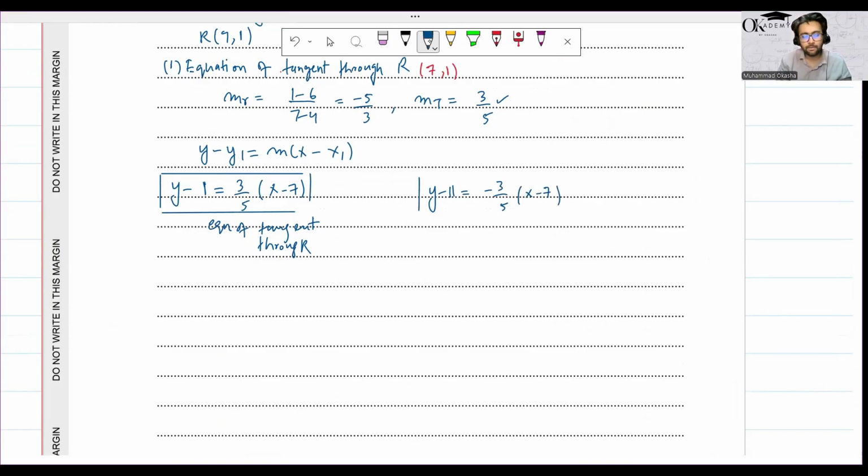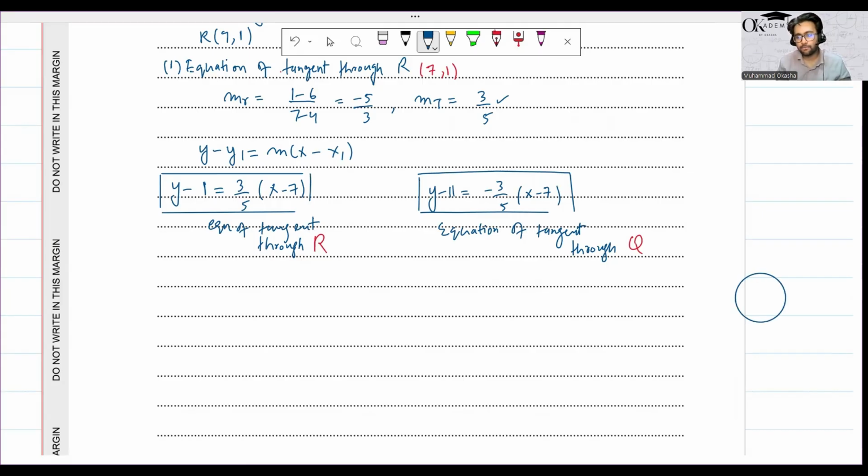This is the equation of the tangent through Q. I'll specify this in a different color. So this is through Q and through R. And we want to find out the point of intersection of these two tangents.